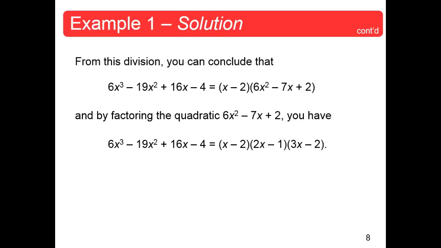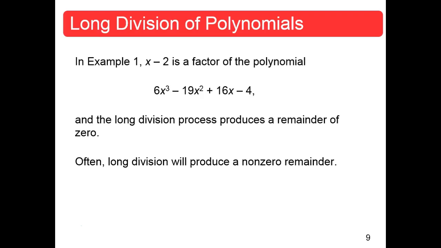So from that division, you conclude that 6x cubed, this big thing here, is this factor times that factor. Exactly. Then by factoring this quadratic further, and we can do that by unfoiling, we get this 2x minus 1 times 3x minus 2, exactly like we got it. And they leave it like that.